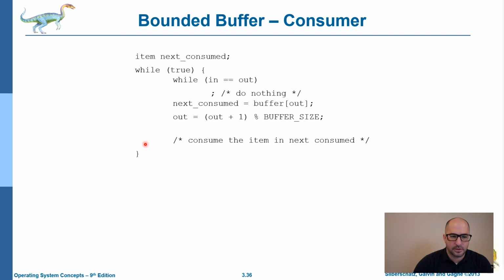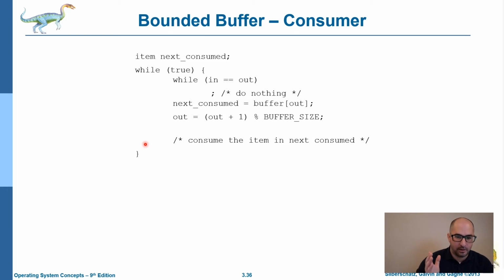Looking at the consumer, if in is equal to out, that means there's nothing there, so it can't do anything, and it waits until that condition is not true. In the case of one item, in would be 1 and out would be 0, so it would consume the one item at the out index and then increment it.